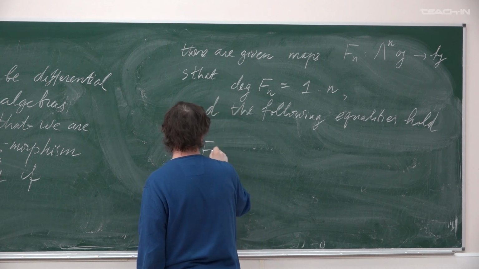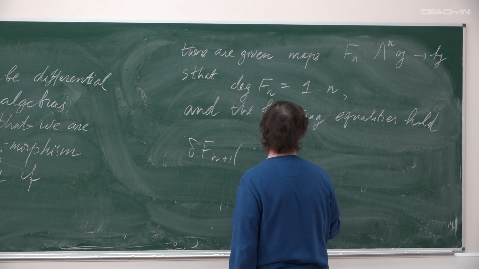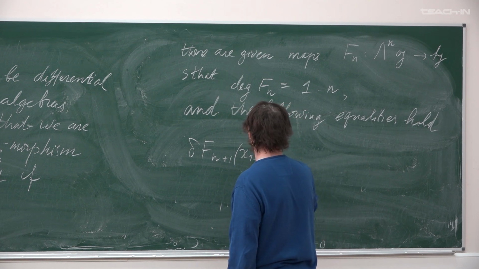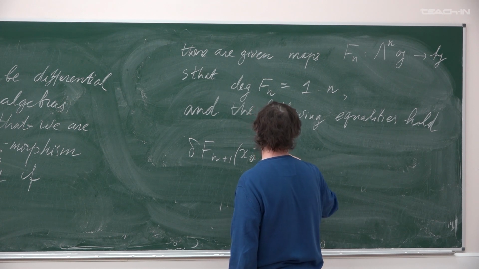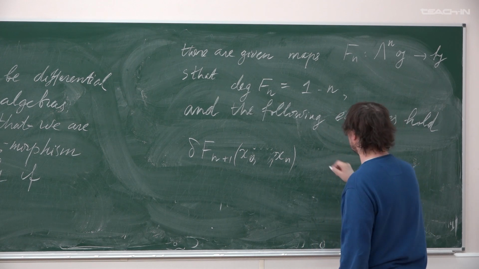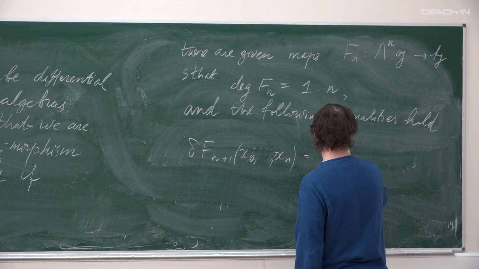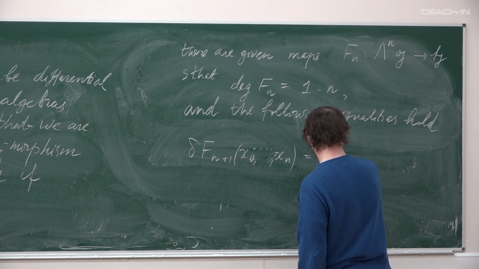Delta of F n plus 1, when you apply it to x0 through xn, should be equal to, there are two terms.